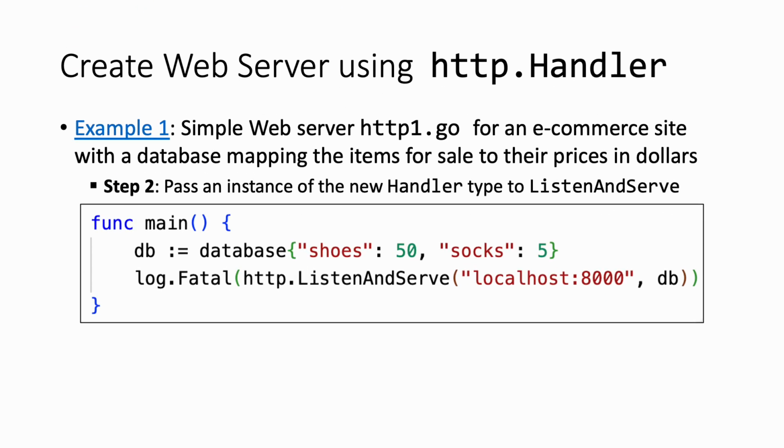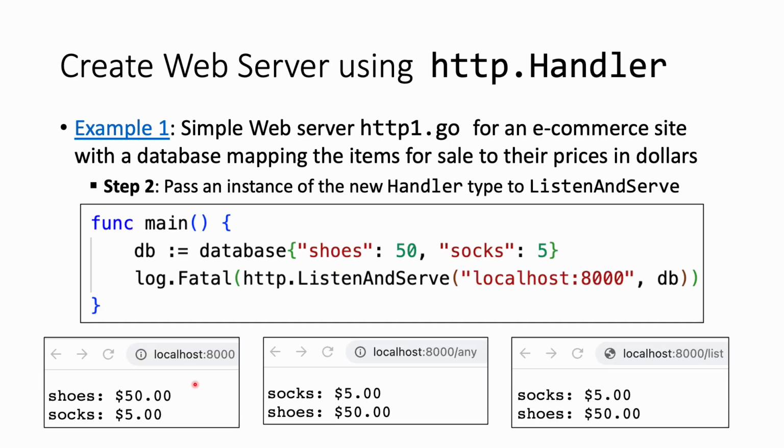In step 2, for creating the http1.go server, we create an instance of the new handler type, which is database, and pass that instance to the ListenAndServe function as the second argument. The code for this step is in function main of the http1.go program.